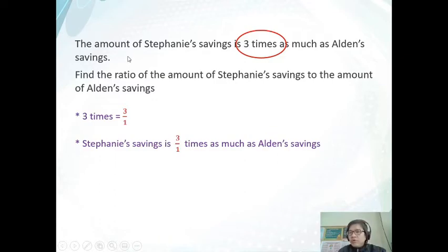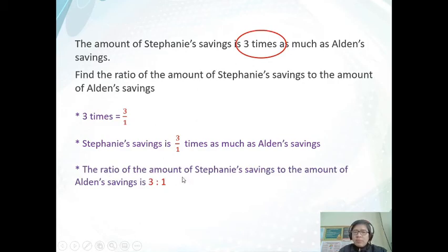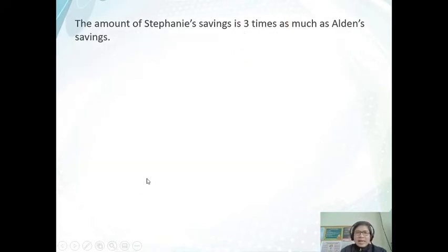And as you know from part 1, if we have the comparison written in fraction, we can write it as a ratio. We are stating Stephanie's saving compared to Alden's saving, so Stephanie's saving is 3 and Alden's saving is only 1. So the ratio of the amount of Stephanie's saving to the amount of Alden's saving is 3:1.